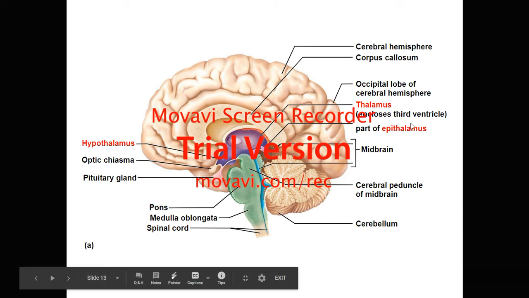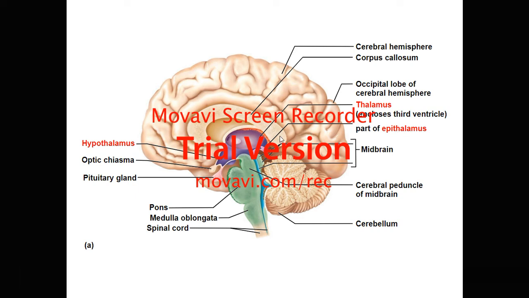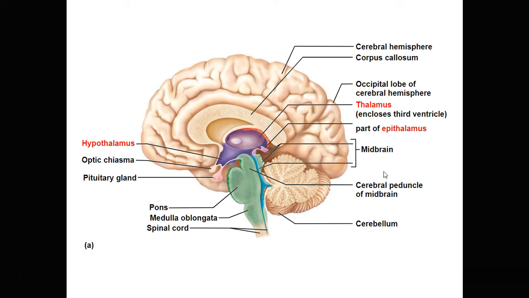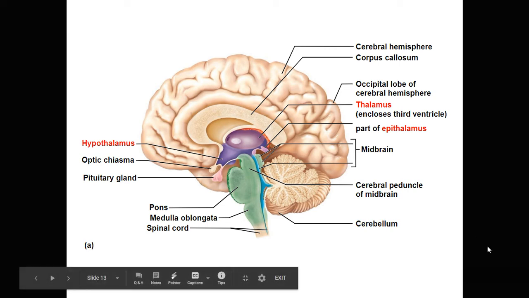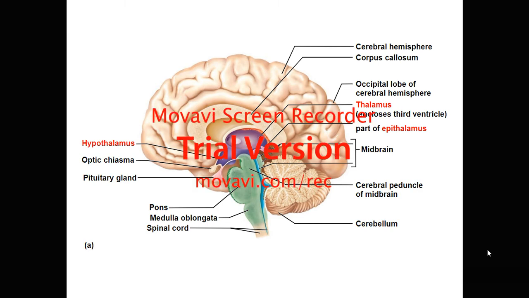All right, so moving on to the epithalamus. You have the pineal gland. The pineal gland isn't fully understood, but they do know that it produces and regulates a hormone called melatonin, and melatonin is important for regulating sleep patterns.